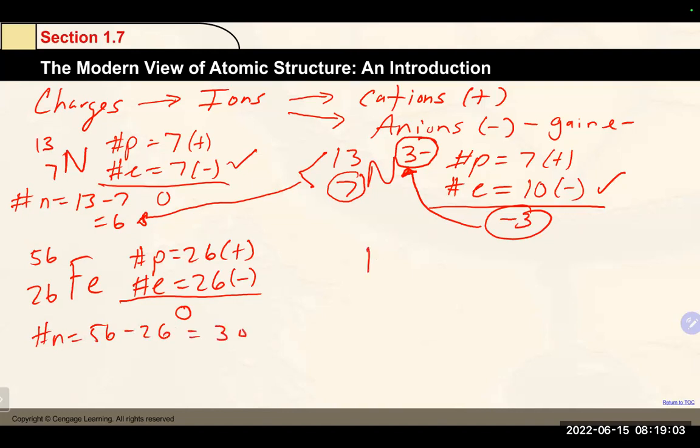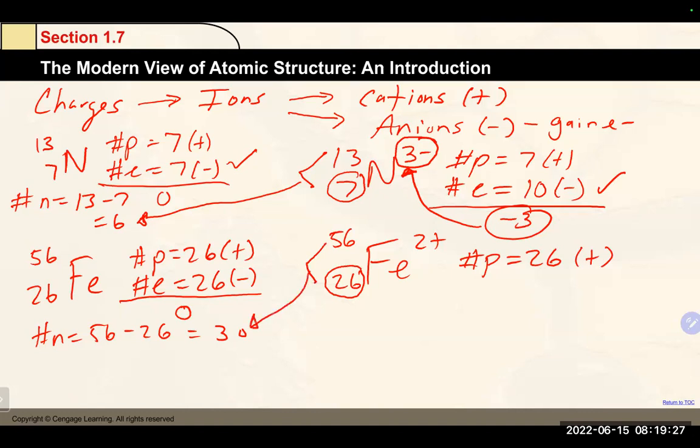Now, if we took our iron here and make it a +2 charge, which is a very common charge for iron, and run through the same thing, the same logic tells us we cannot change the protons. Otherwise, it will not be iron anymore. So it is locked into those 26 protons. Once again, if we subtract atomic number from mass number in this example, we end up with the same number of neutrons, which is 30.